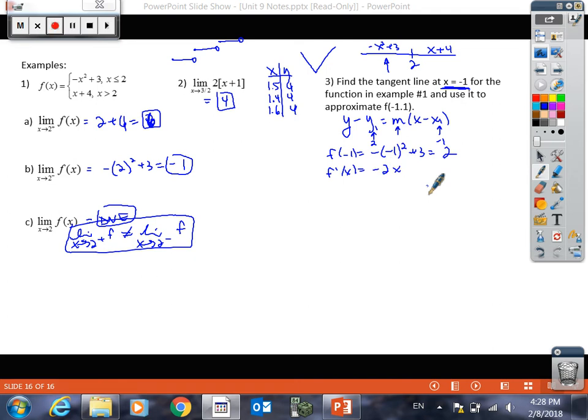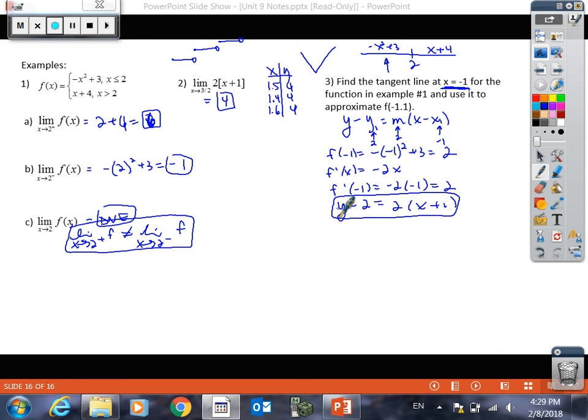Well, if we want the slope at an x value of -1, we would simply substitute that in. So f prime of -1 is what we would be doing, and we get -2 times -1, which is 2. So that's our slope. So let's fill in the blanks. We have y minus 2 equals 2 times x minus -1, which would be plus 1. And there is our tangent line. Okay, so we have our tangent line that we're going to use.